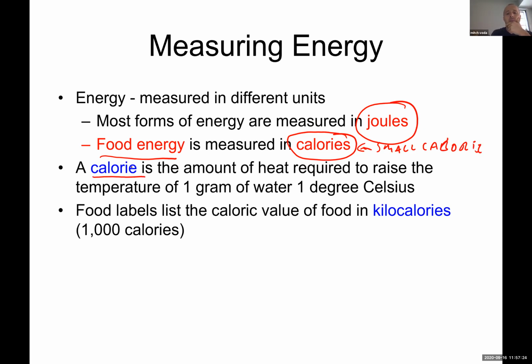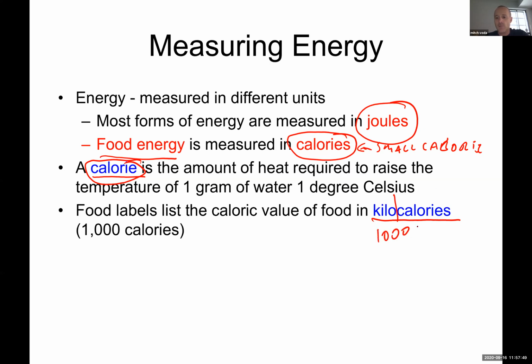So a calorie is the amount of heat required to raise the temperature of 1 gram of water by 1 degree Celsius. So basically, I give you a gram of water in a small tube. The energy that it takes to raise the temperature of that water by 1 degree Celsius is called a calorie. Now, actually on foods, what we see is the kilocalorie. Kilo means 1,000.